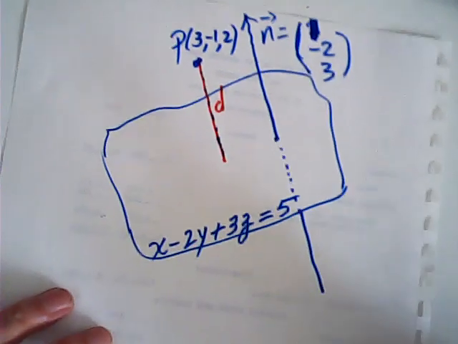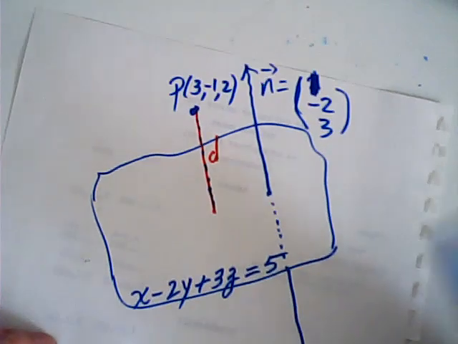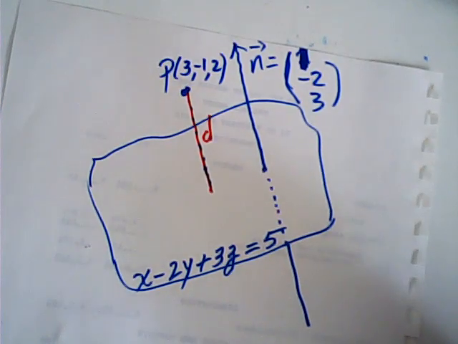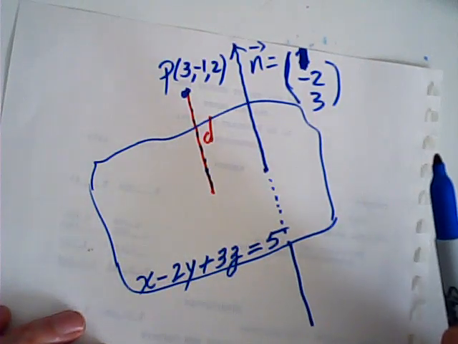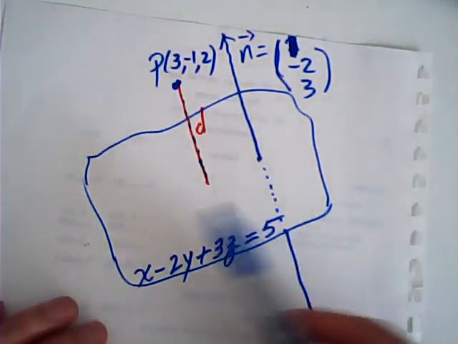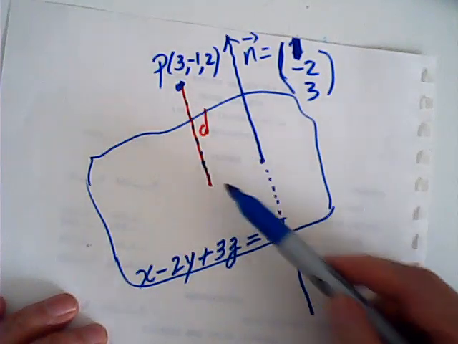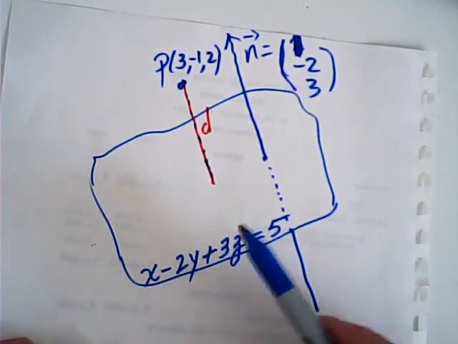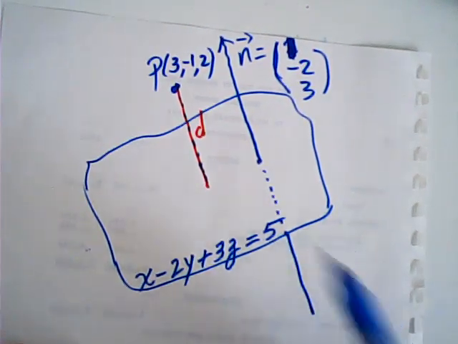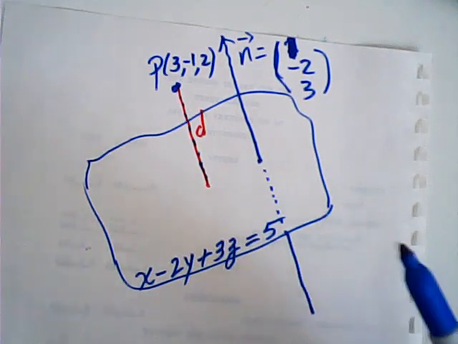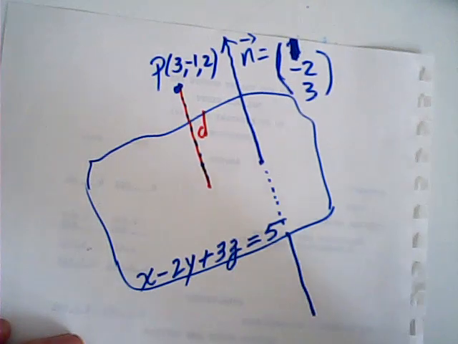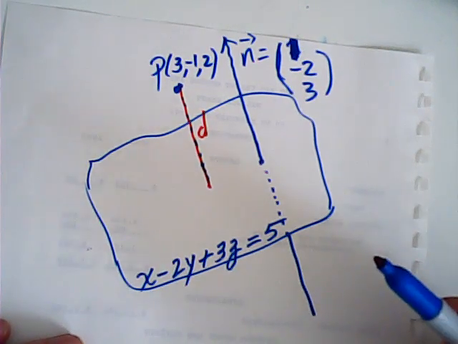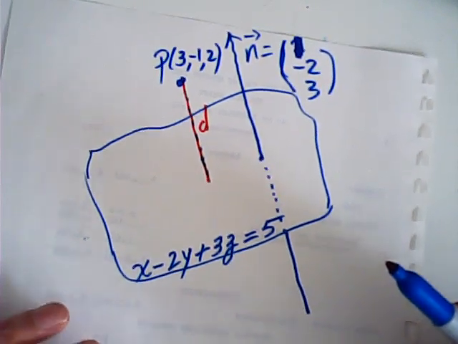Now, there are several ways to find it, right? But I don't want to mention those methods. You know how to find the distance between points and the plane. But here I'm using the vector projection, which shows that it is very convenient and very easy to find the distance. Now, how to find the distance?